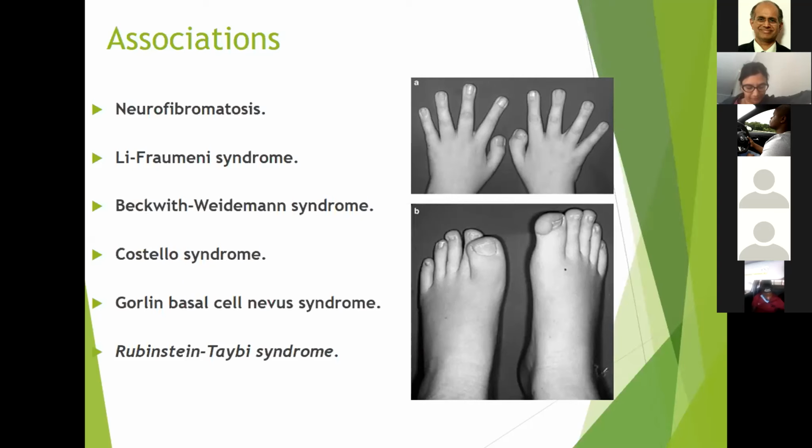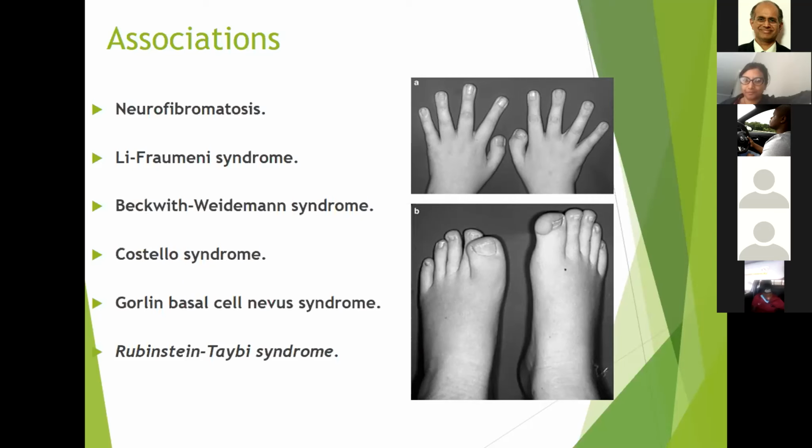And then you have Beckwith-Wiedemann syndrome, where mostly these kids present with omphalocele, they can have macroglossia, macrosomia, and are at high risk also of hypoglycemia, but they are also at high risk for development of rhabdomyosarcoma.